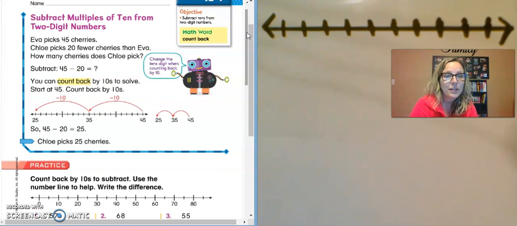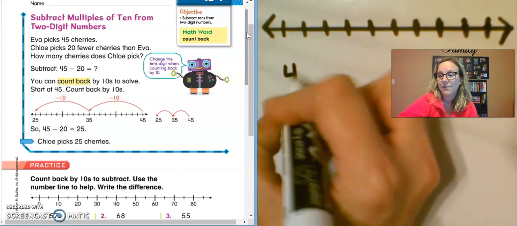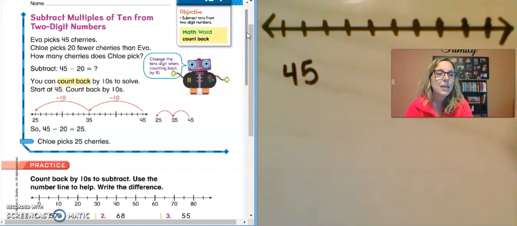Eva picks 45 cherries. So right here, I'm going to write down 45. Chloe picks 20 fewer cherries than Eva. So remember, whenever we're talking about more than or fewer than, we know that we're looking for a difference. So we are looking to subtract because the answer to a subtraction problem is called the difference.